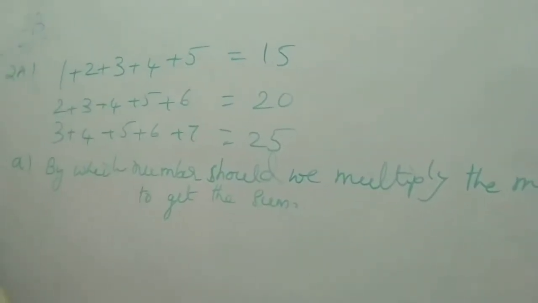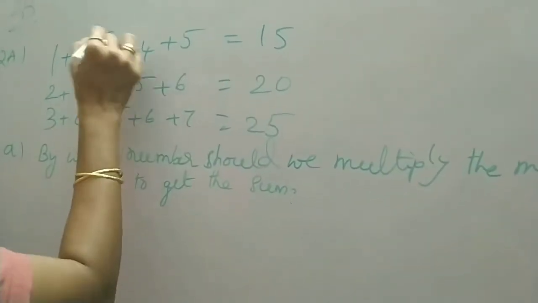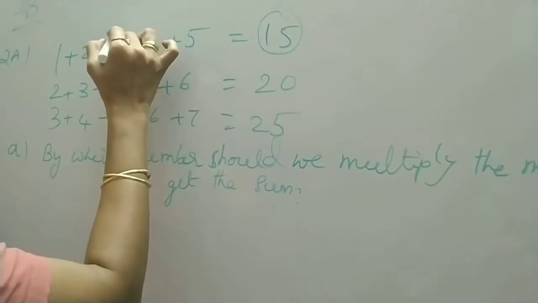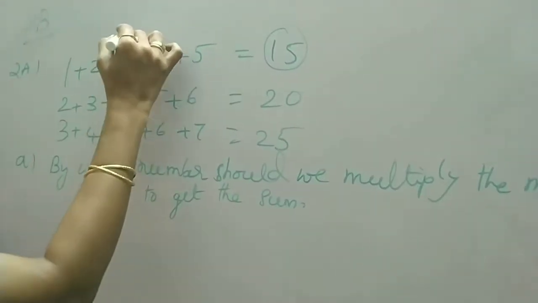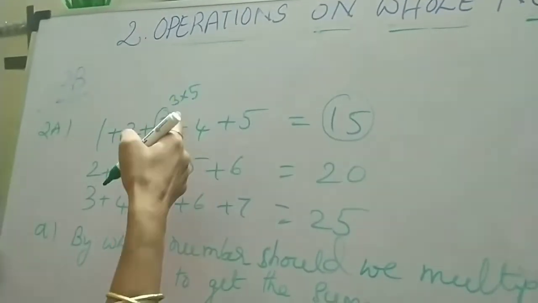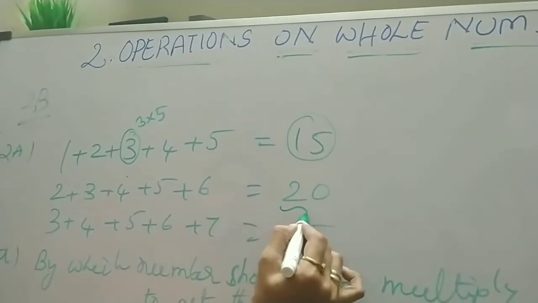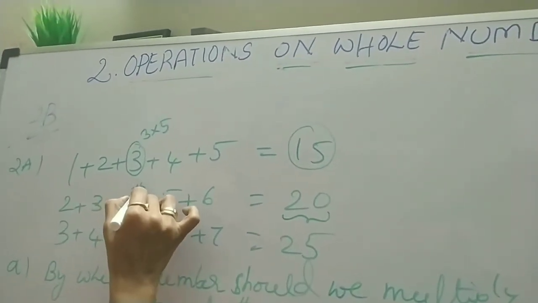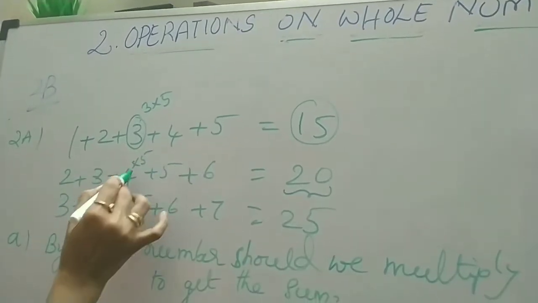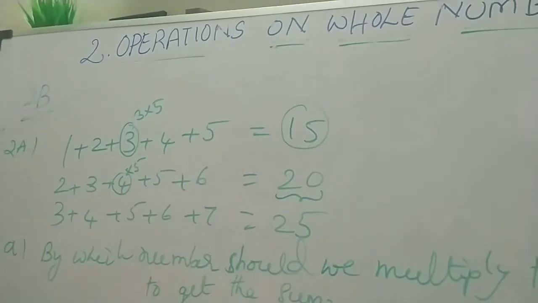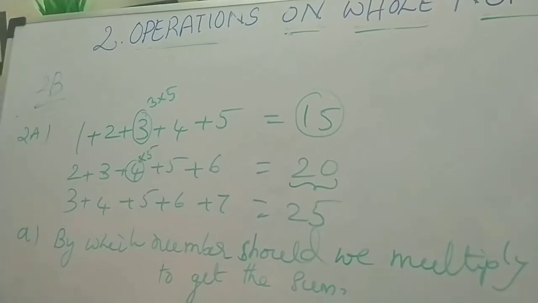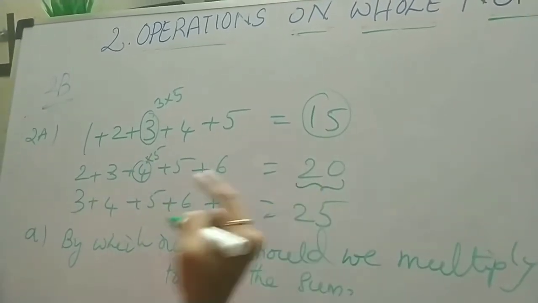See, the middle number, if you observe, is 3, and you are getting 15, right? In the 3 multiples, 3 into 5 means 15. See this one, you are getting 20. If you multiply the middle one with 5, you are getting 20. 4 into 5, 20.